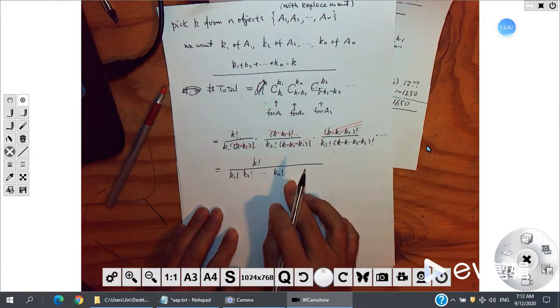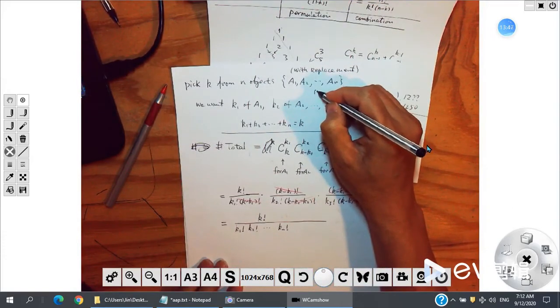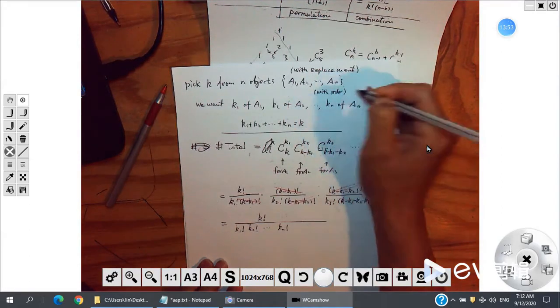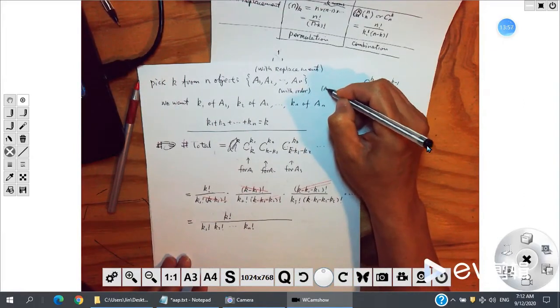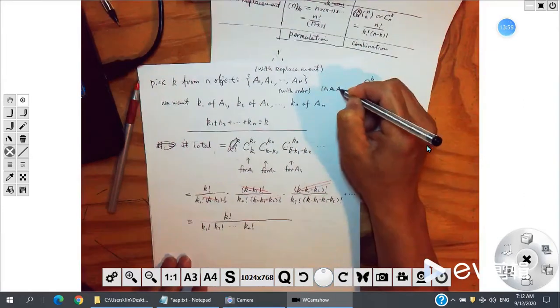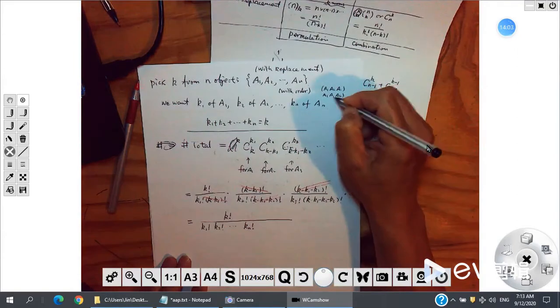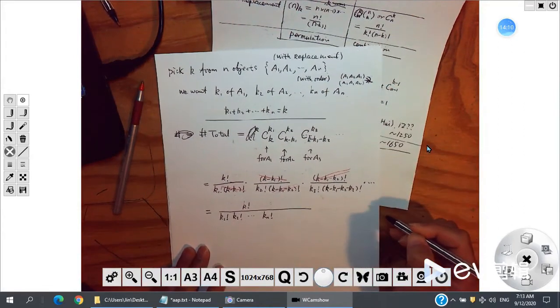Alright. This also regards the order, we need to consider order. That means a1, a2 and a2, a1 are different. They do not equal. If you change the order, they're different.